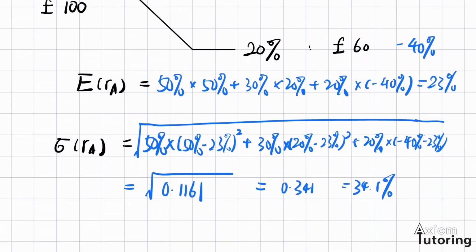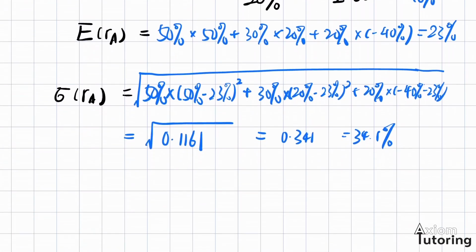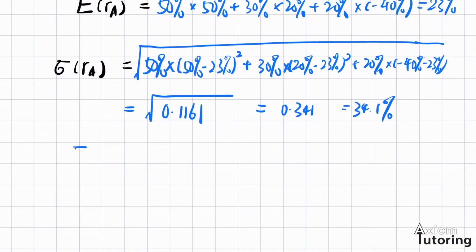Okay, so we could generalize this into two formula here. Okay, so the expected return for any stock is basically the sum of each possible state. Let's call it Pi with probability P here, and the return in that state.